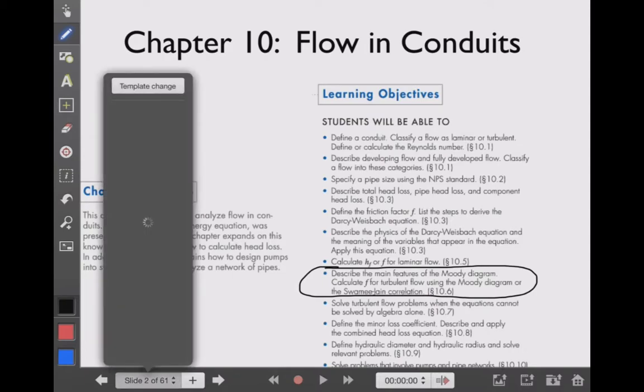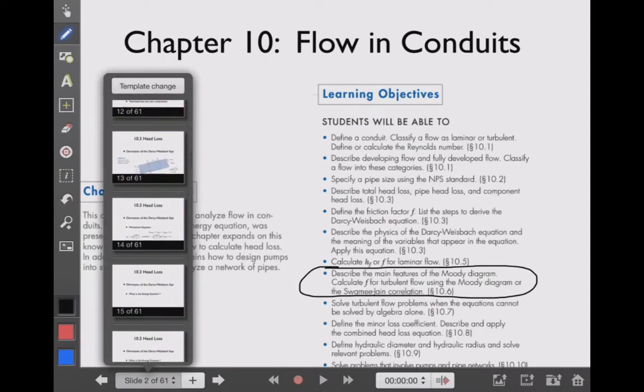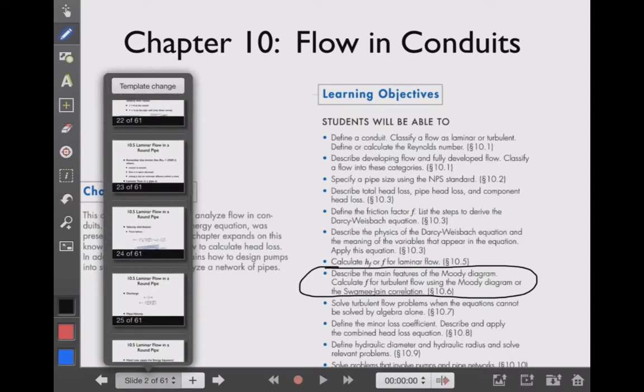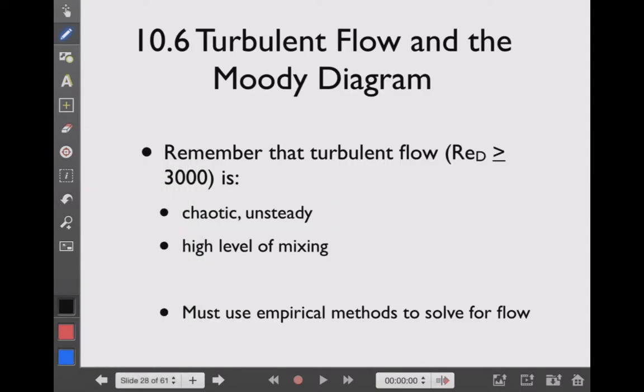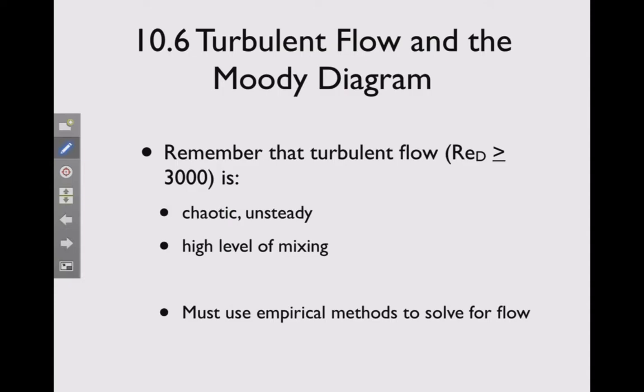So let's flip forward to section 10.6 and start off here. We're talking about turbulent flow in this particular section. And we remember from earlier in the chapter that the Reynolds number, as applied to the diameter of the pipe, if it's greater than or equal to 3,000, we have turbulent flow.